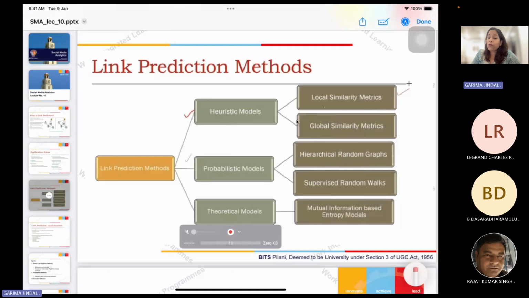In today's lecture, we will initially focus on global methods: what are the global heuristic methods based on which you can identify links in the network? Then there is another category, probabilistic models. In today's lecture, we will also see the algorithms based on probabilistic models.